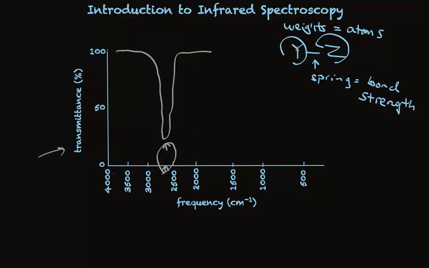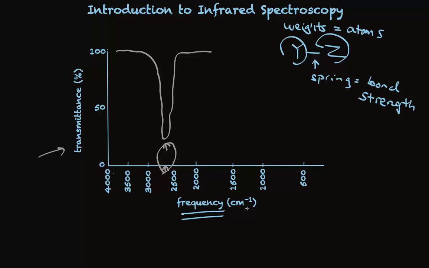So what elements are held together by which bond, how strong it is, determines the frequency of a vibration that results from absorption of light. The frequency of vibration is printed here.